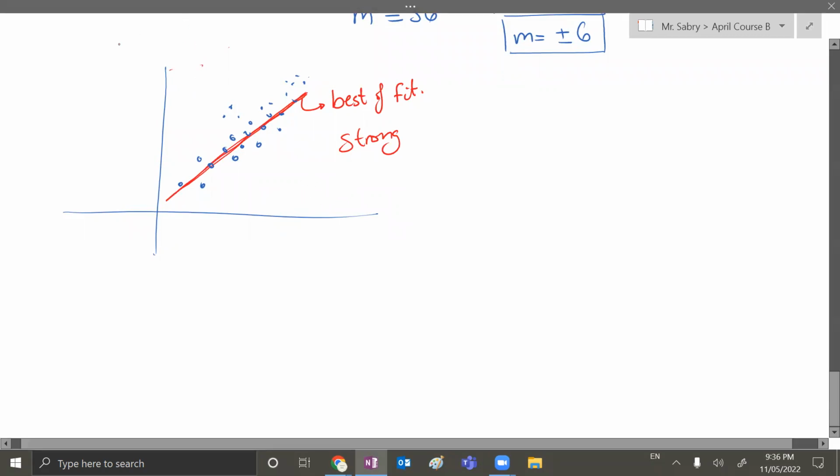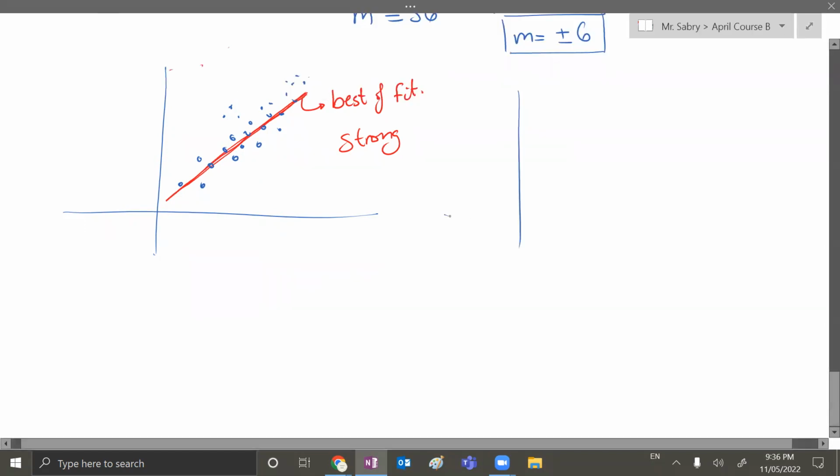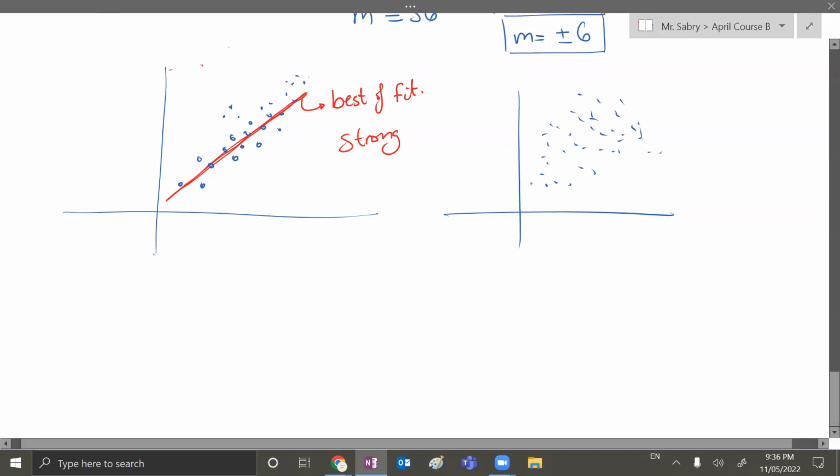On the other hand, if I have another XY axis with the points scattered this way, this is a weak relationship, because as you can tell here, the points are very far away from the line. So this is a weak relationship.